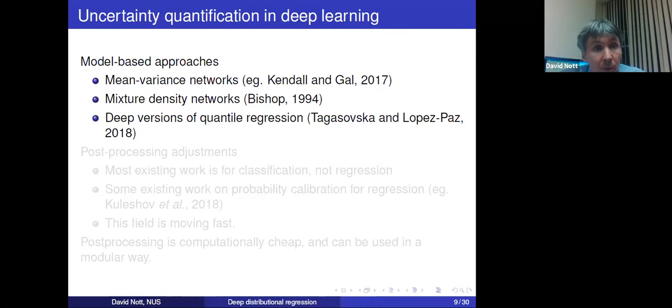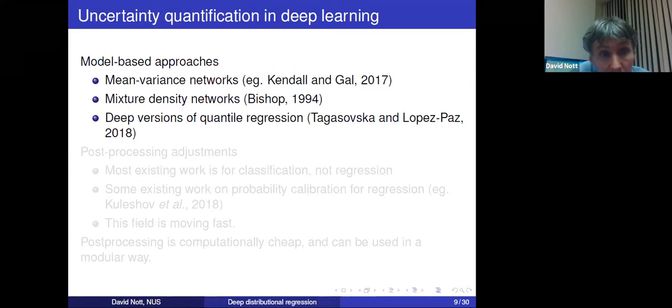But understandably, researchers want more sophisticated uncertainty quantification in some problems. Okay, so there are two basic strategies in the literature on uncertainty quantification for deep learning.